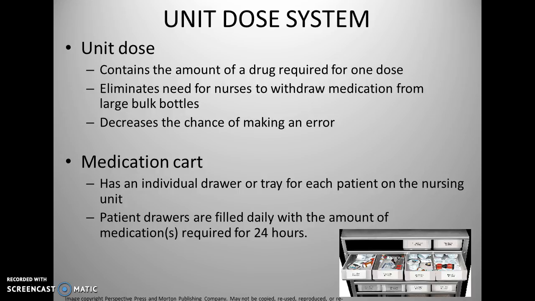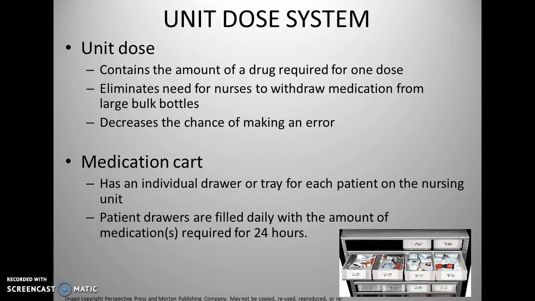Okay, unit dose system. Unit dose. What does that mean? Well, that means it contains the amount of drug required for one dose. That's unit dose. This eliminates the need for the nurse to withdraw medication from large bulk bottles. This is done by the pharmacy technician, taking it from bulk to smaller, individualized dispensing mechanisms such as a syringe, to be easily taken by the nurse to dispense to the patient.